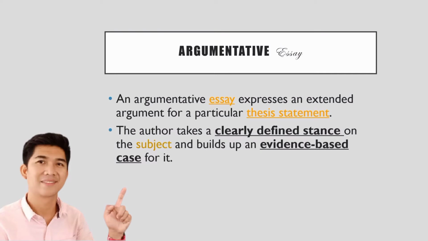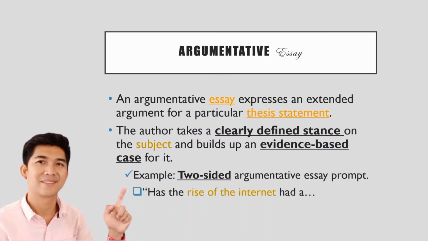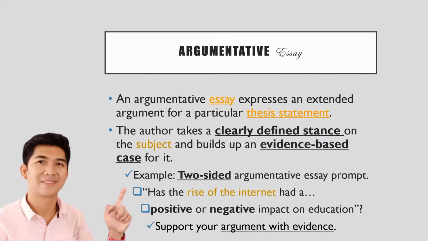The author takes a clearly defined stance on their subject and builds up an evidence-based case for it. Example, two-sided argumentative essay prompt: Has the rise of the internet had a positive or negative impact on education? Support your argument with evidence.